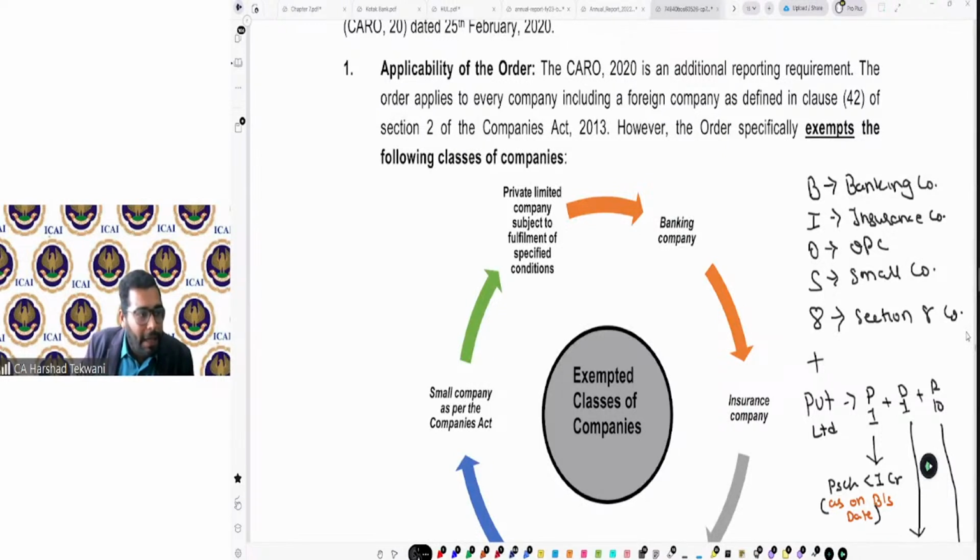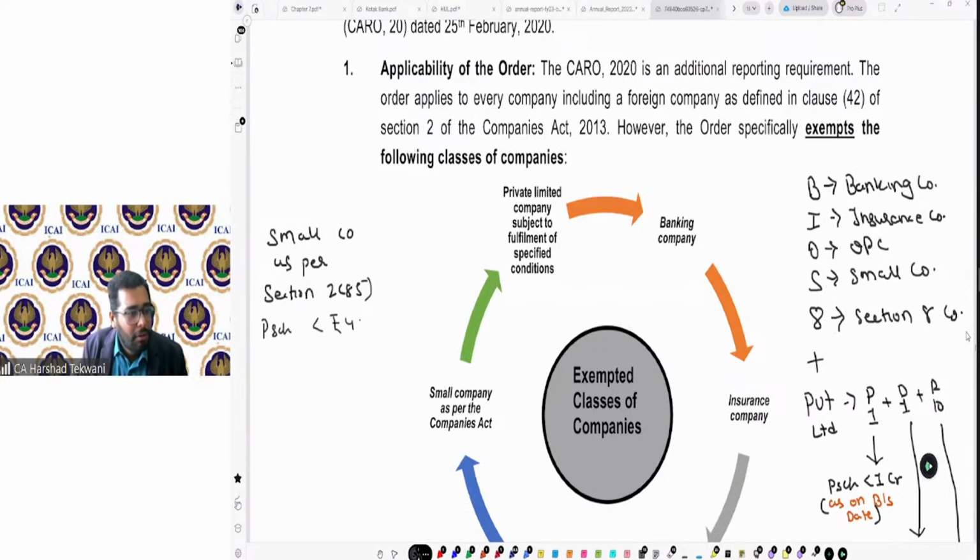And small company, as per section 2(85) of the Act that we already discussed, is paid up share capital less than 4 CR plus turnover less than 40 CR; then only it will be called a small company.